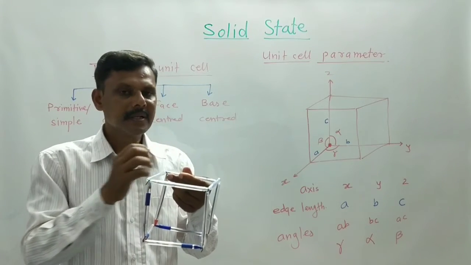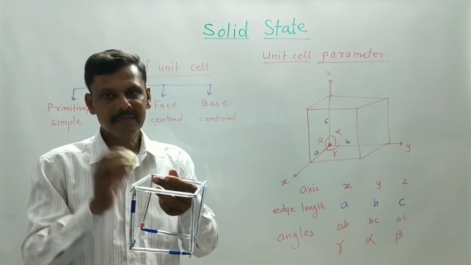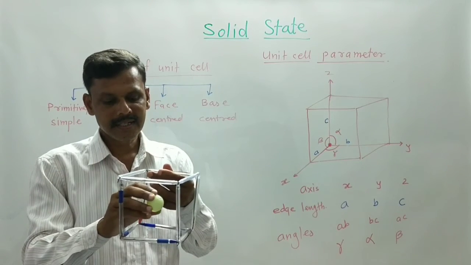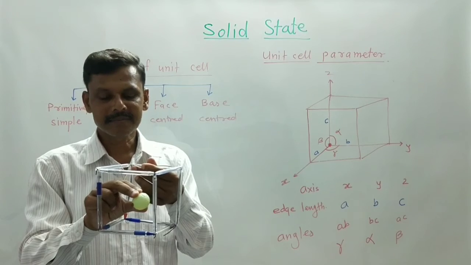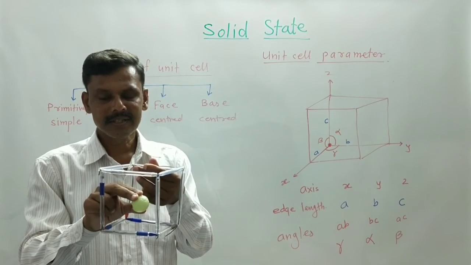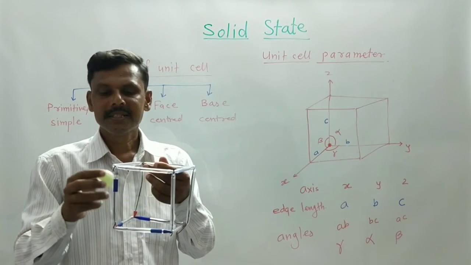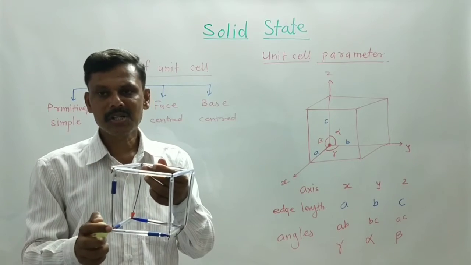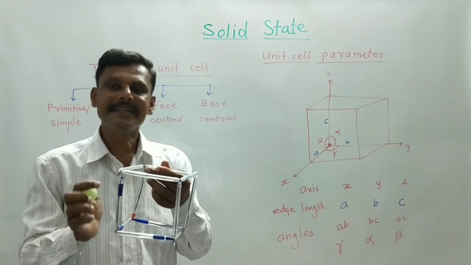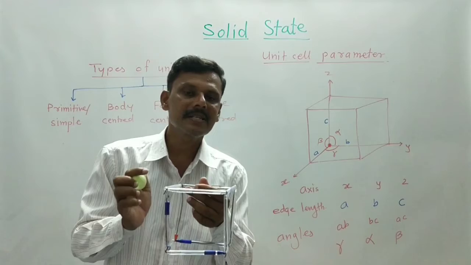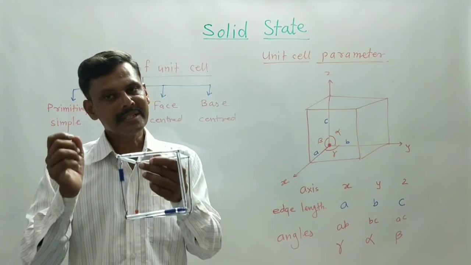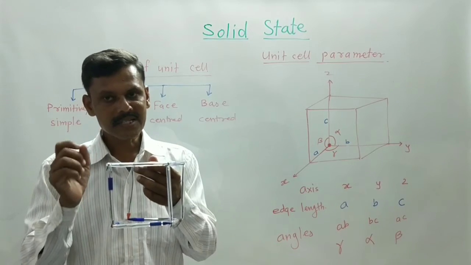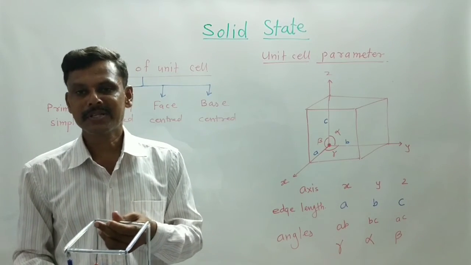If a particle is present at the center as well as at the corners, then it is called a body centered unit cell.